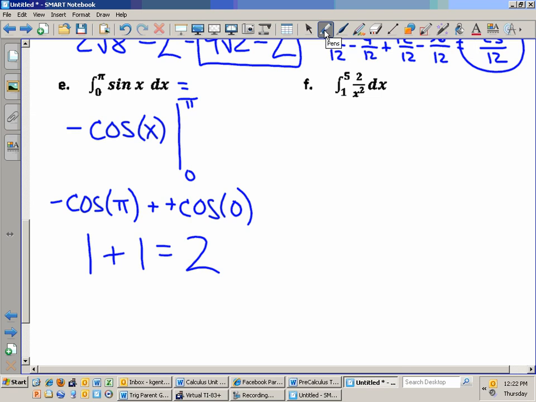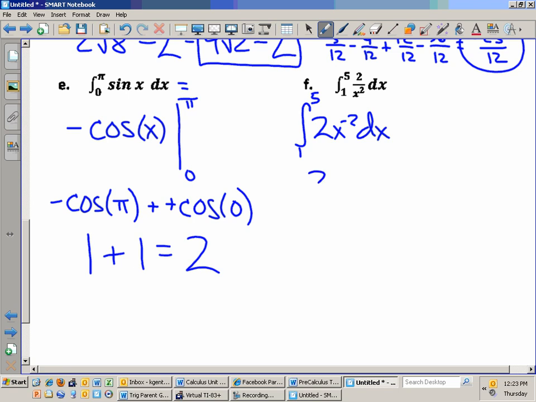And so we try a last one. The integral from 5 to 1 of 2 over x squared. I need to rewrite this. How will you rewrite that? Yeah, the integral from 1 to 5 of 2x to the -2 dx. And so what we need to do is we need to increase by 1.